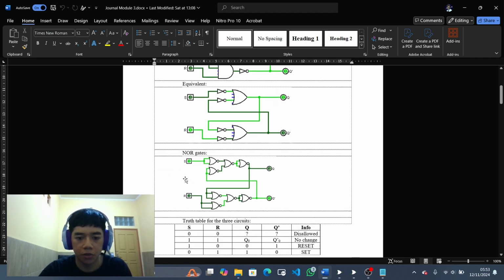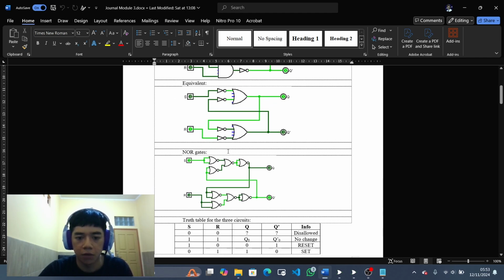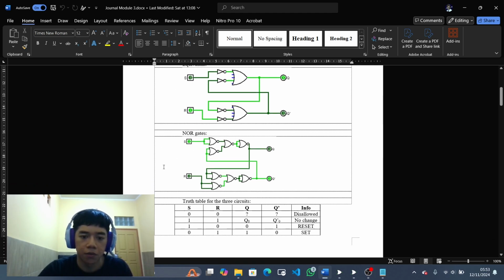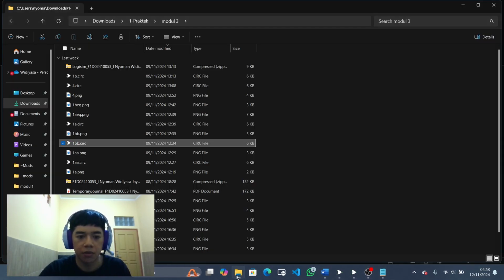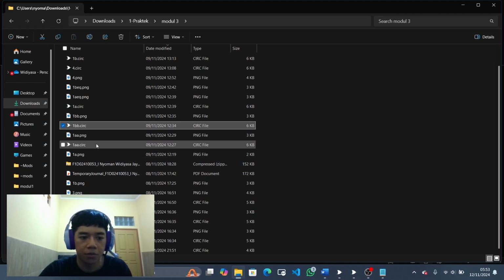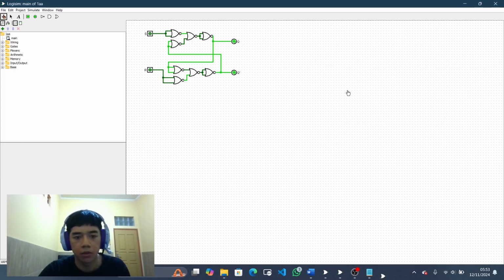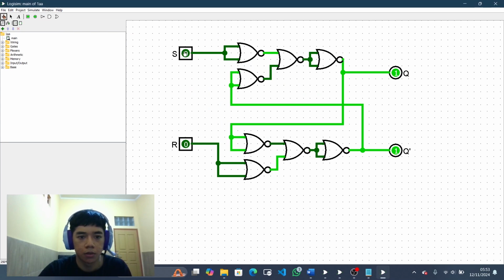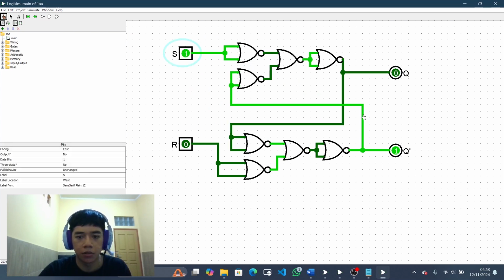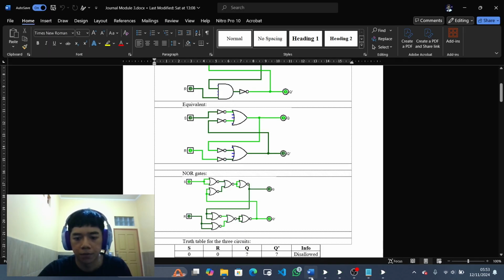I'm currently using the narrow type here, therefore it's smaller. And it works the same. Wait, let me open it up. It works the same. Yeah, so if both inputs are high, then the value here goes low.